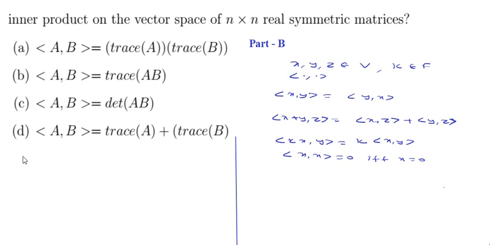So the first one is <A, B> is equal to trace of A into trace of B. So before that we will see some properties which are useful to solve this problem. So trace satisfies the linearity property.